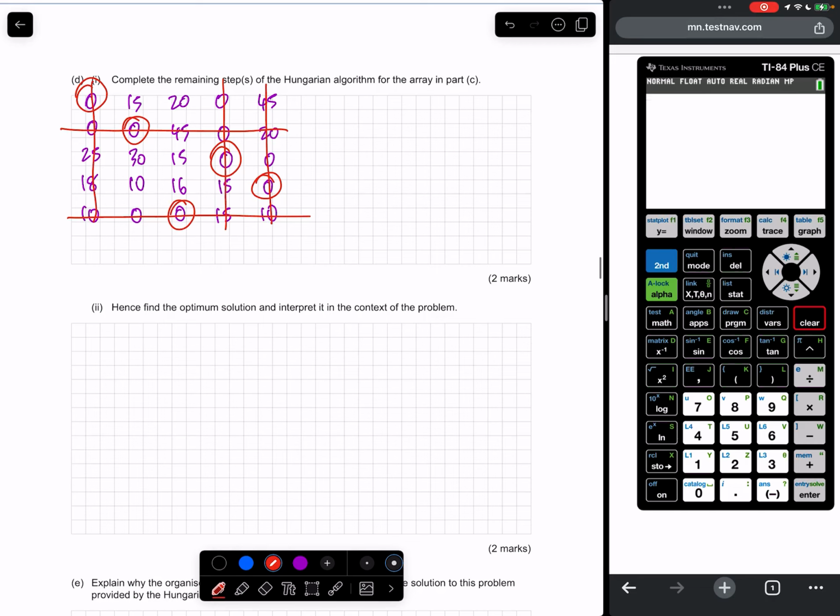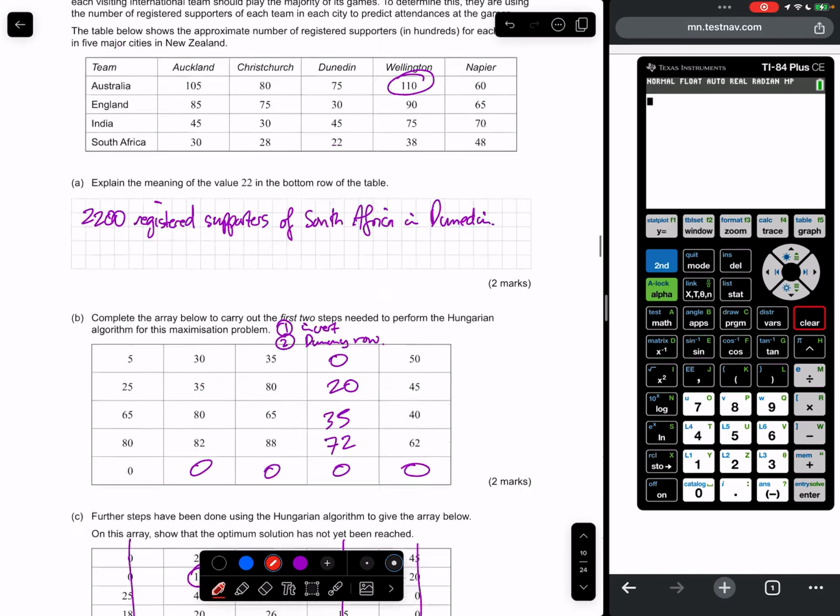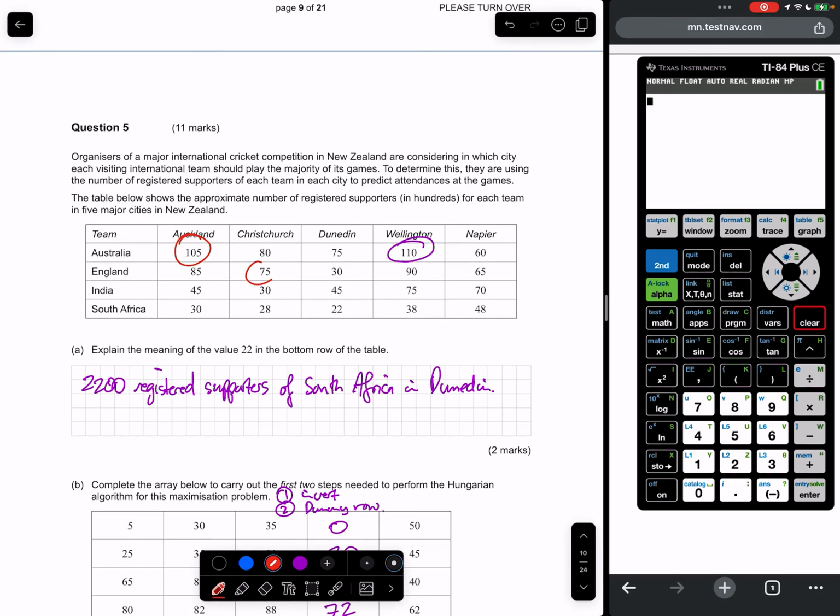Hence, find the optimum solution and interpret in the context of the problem. No, we had a dummy row there.